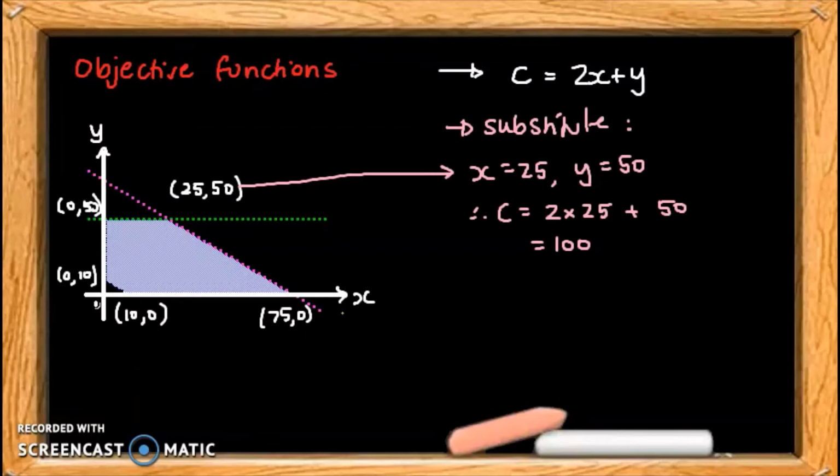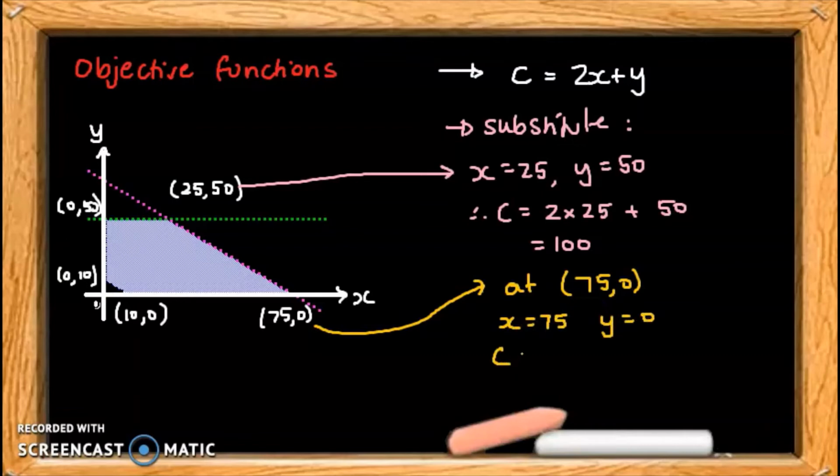At the point 75 and 0, my x equals 75 and y equals 0, which means C, remember that's 2x plus y, will equal 2 times 75 plus 0, and that equals 150.